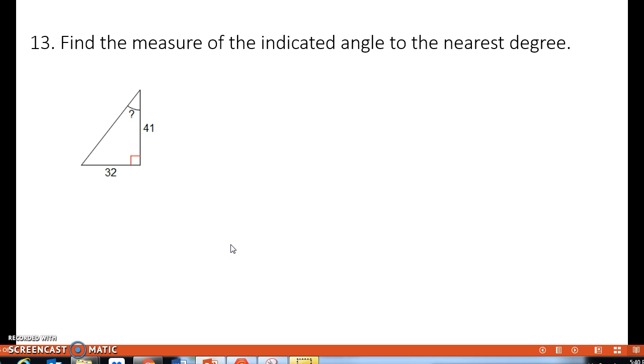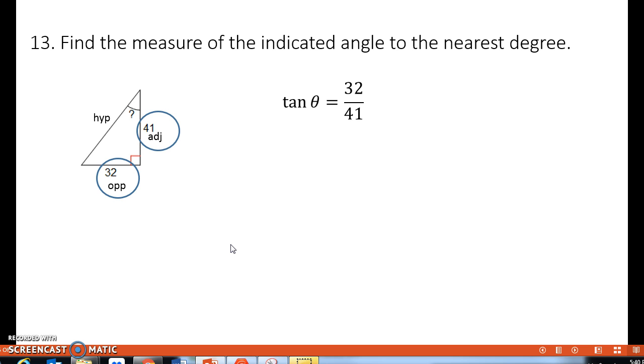The last example I want to look at with you is number 13. You're finding the indicated measure for that angle. There is a triangle on your paper, which means you need to label the opposite, the hypotenuse, and the adjacent. You need to pick the two sides that have information. So the hypotenuse is totally blank, so it is not helpful. So I want to look at the opposite and the adjacent. The trig function that uses the opposite and the adjacent, the O and the A, TOA, is tangent.